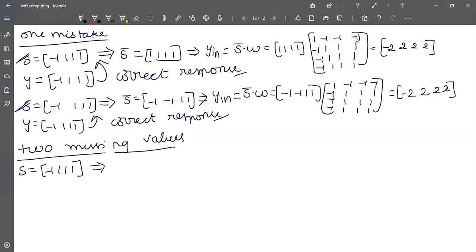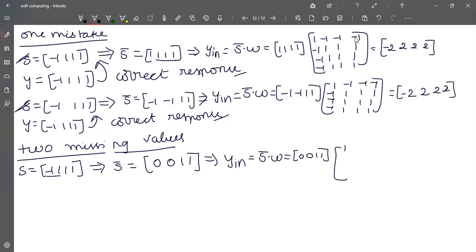And coming to two missing values, let me miss these two. First two, our test input vector will be 0, 0, 1, 1. And let us find y_in, which is s dot w: 0, 0, 1, 1 into our weight value, minus 1, 1, minus 1, 1.